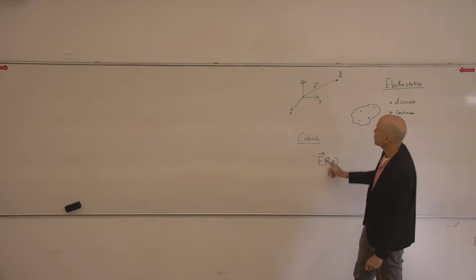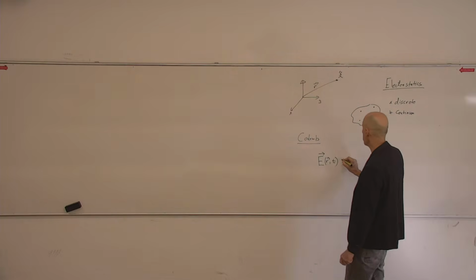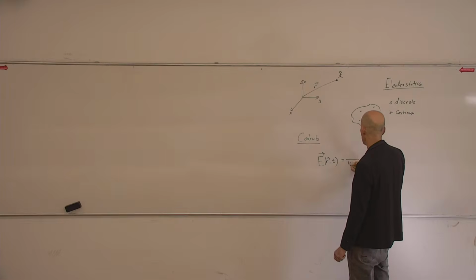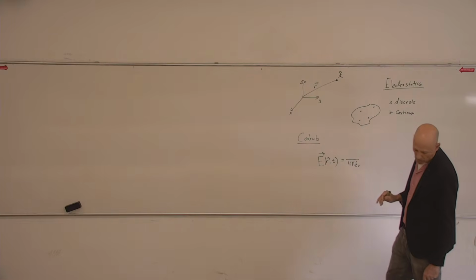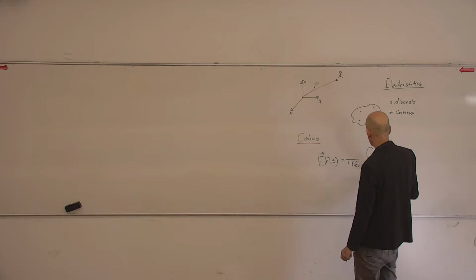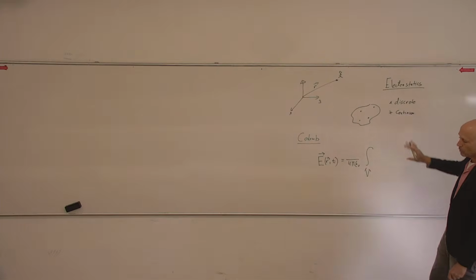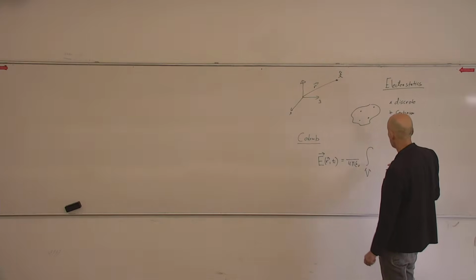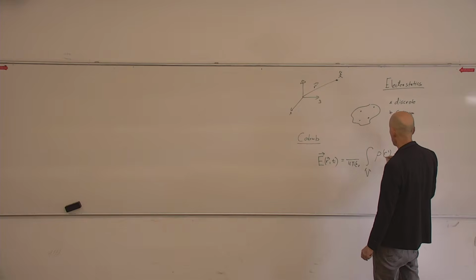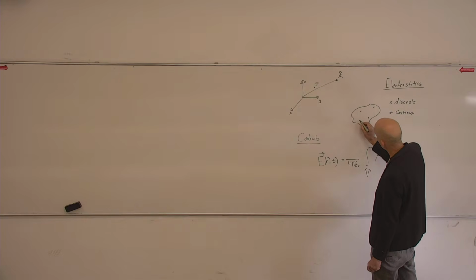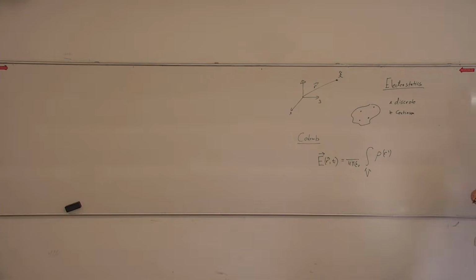So we have this position R relative to some reference frame, and the field is given by the famous permittivity of the vacuum, epsilon 0, and then I need to do an integral over the volume. The volume is this object here, and then I need to have this volume. It has a R prime, so this is the charge density. I'll soon discuss what exactly this is.